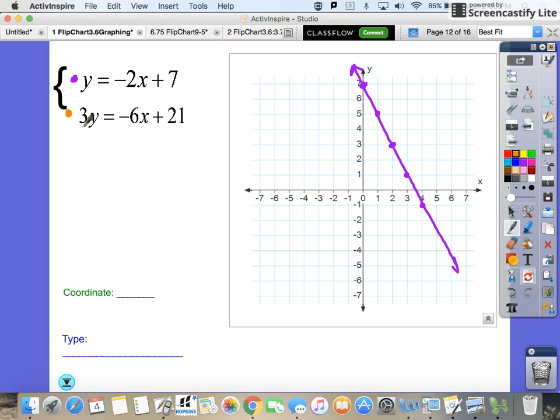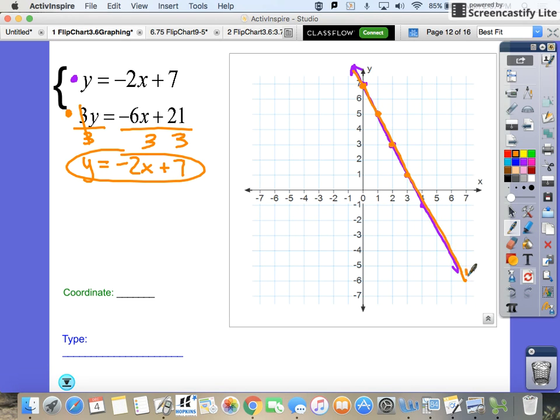We can't have this 3 here. So what we're going to do is divide by 3 on both sides. So y equals -2x plus 7. You might notice we have the same equation. 7, drop 2, run 1. So it's going to be the same line.